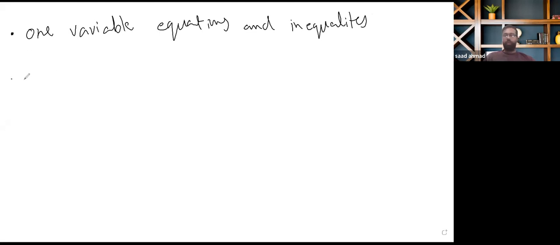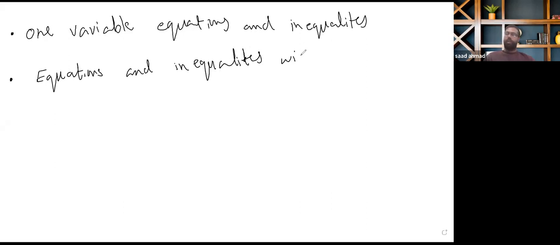The second one for today is equations and inequalities with absolute value, or you can say absolute value inequalities and equations.